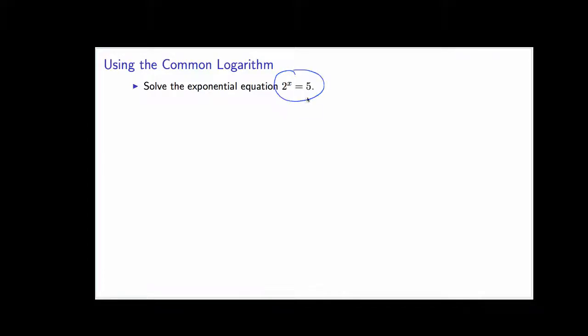2 to the x equals 5. We know that in logarithmic form, we can rewrite this exponential equation as x is equal to the log base 2 of 5, but we want to figure out how to get a decimal approximation for this using our calculator, so using the common logarithm. We know that using our properties of logarithms, b to the log base b of y is equal to y.